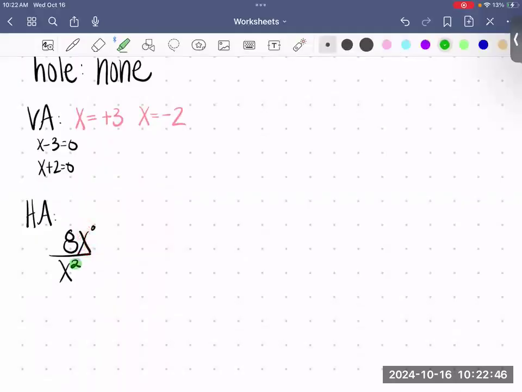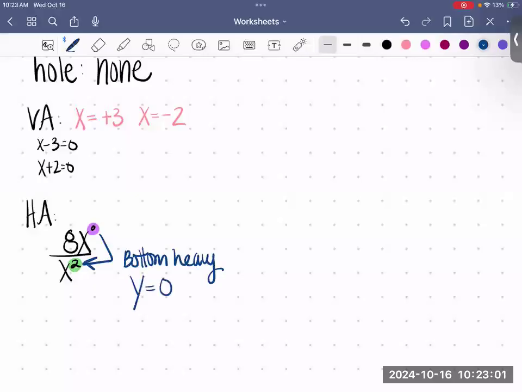So you can very clearly see that the bottom is going to be larger, so we are bottom heavy. So we will have a horizontal asymptote at y is equal to 0. Because it is bottom heavy, that just means that we have no slant asymptotes.